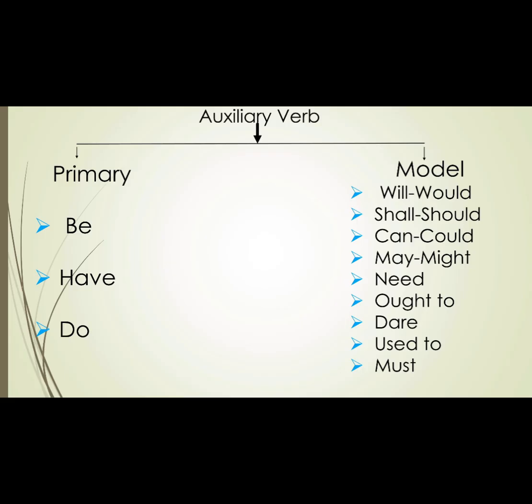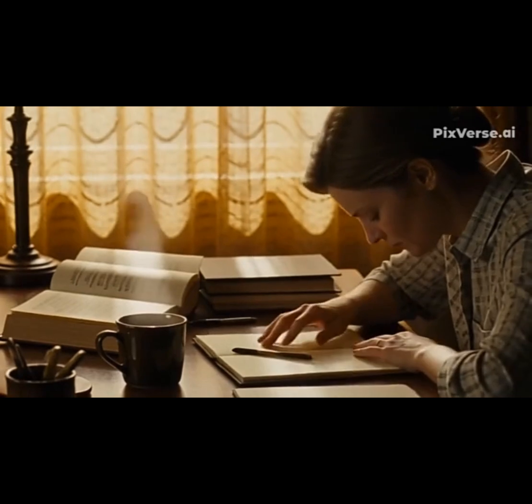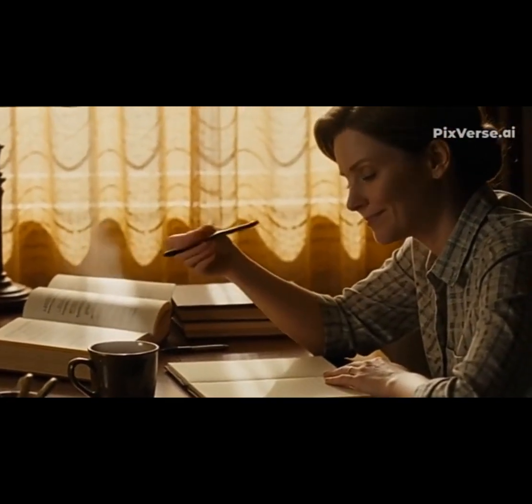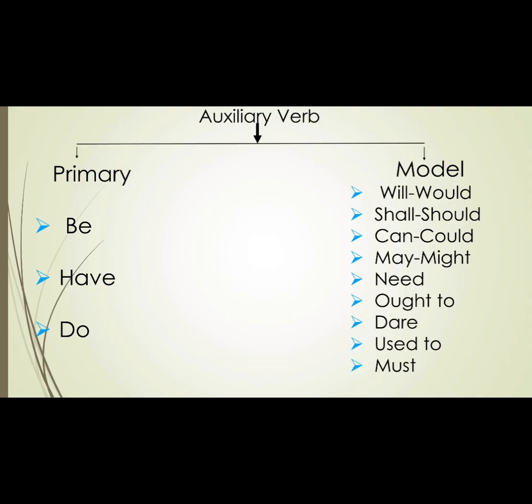So that is the reason these modal verbs are also called special verbs. Now, you must be thinking, how many modal verbs are there? There are a total of 13 modal verbs in English. Then what are they? Will, would, shall, should, can, could, may, might, need, ought to, dare, used to, and must are the 13 modal verbs in English.